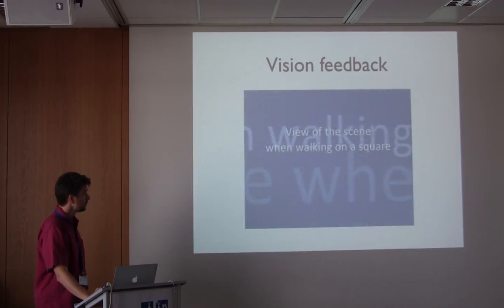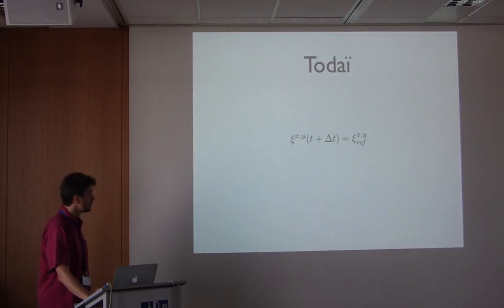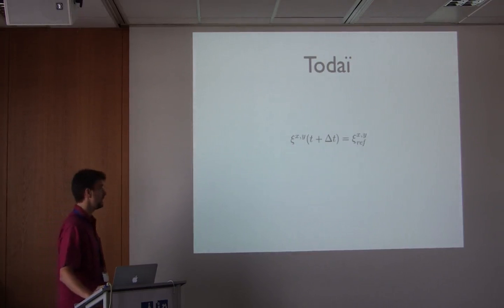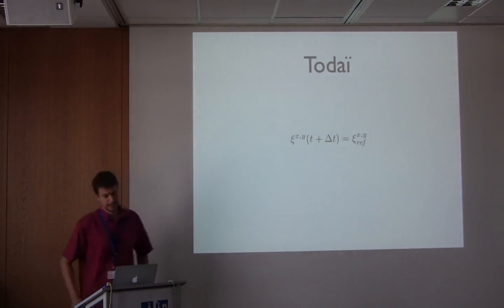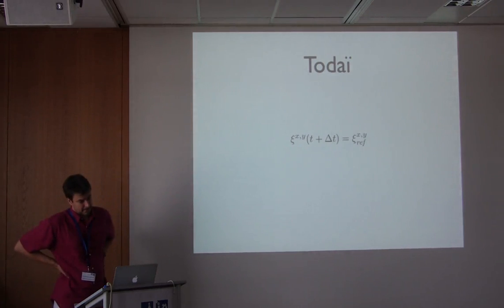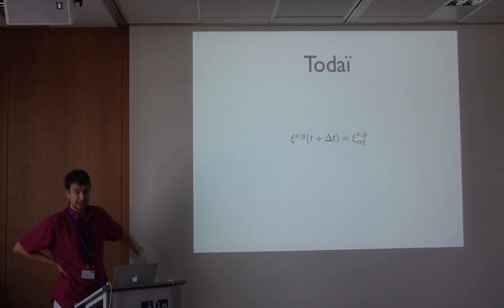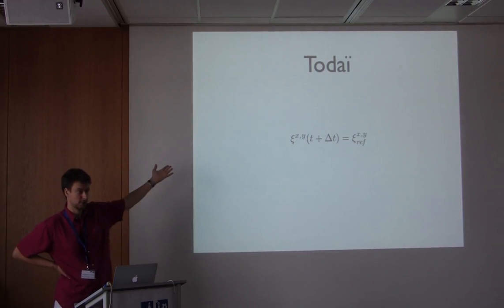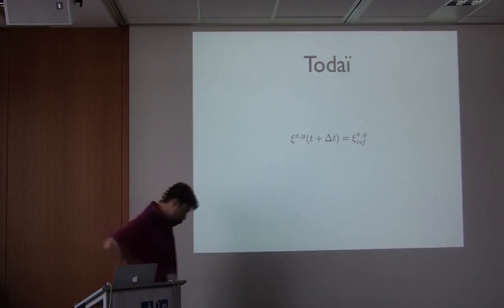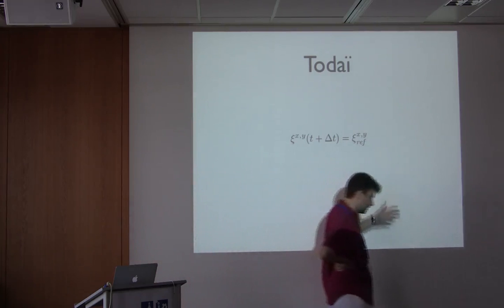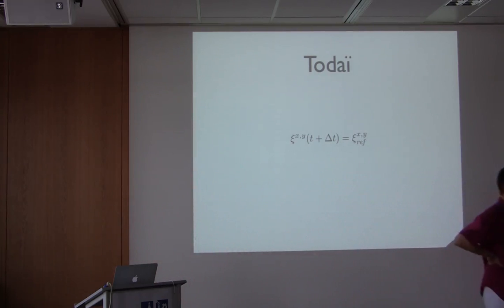Another option has been proposed recently at Tokyo University, Todai. I mean, can you be more simple than this? This is how they generate motion. What they say is, well, let's just impose the terminal constraint.